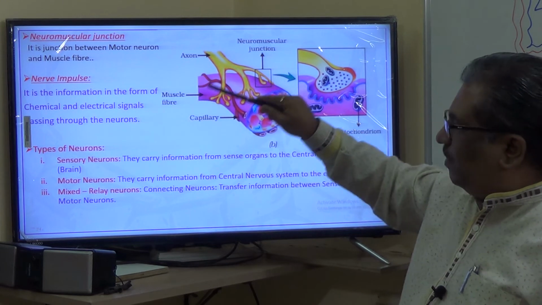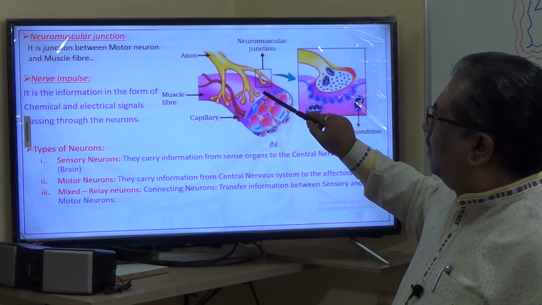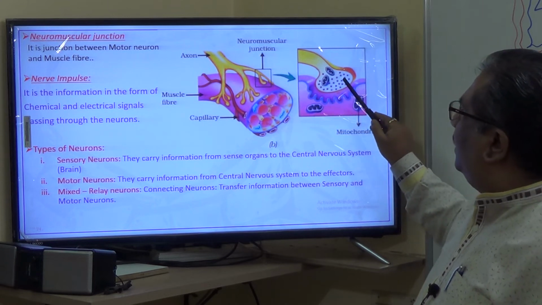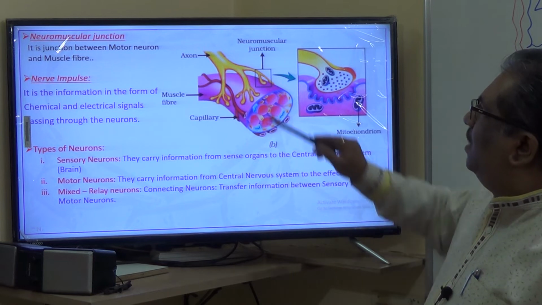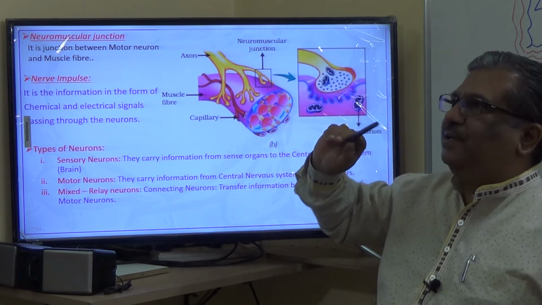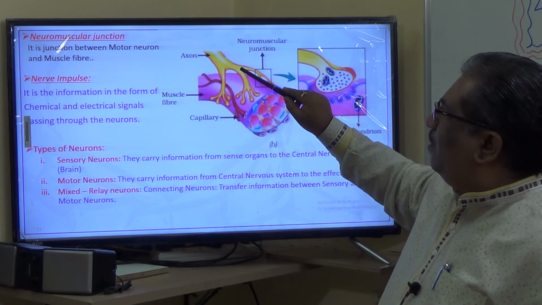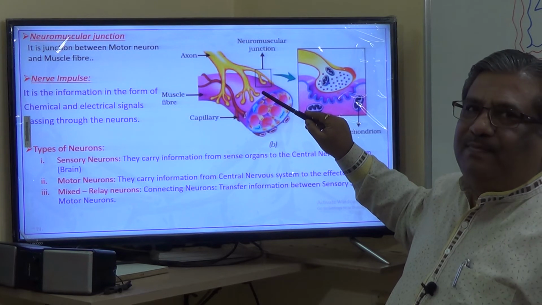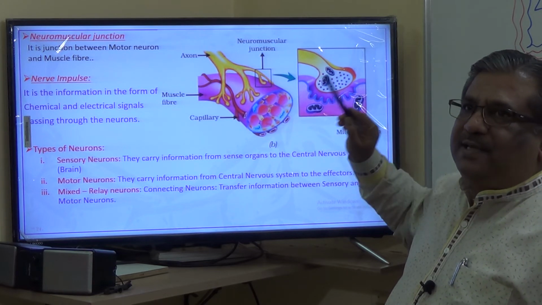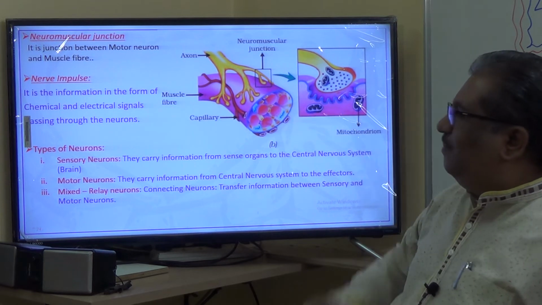What a motor neuron is we will see here, but for the time being understand motor neuron and muscle. This junction is enlarged here, and this is how it looks. So neuromuscular junction is the junction between motor neuron and effector muscle or muscle fiber. It is a junction between motor neuron and muscle.